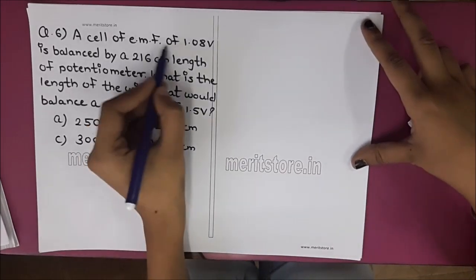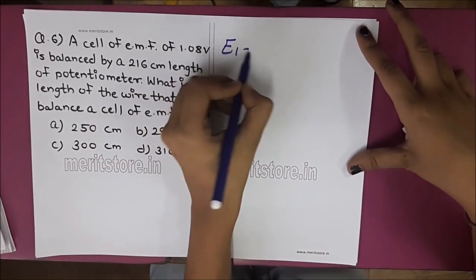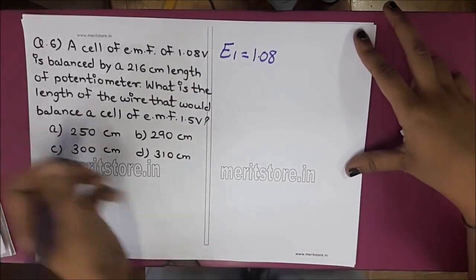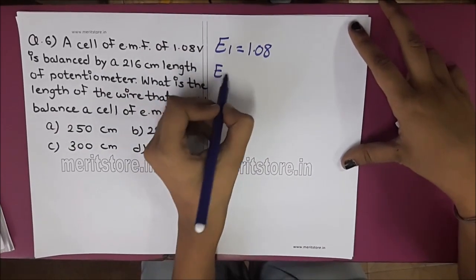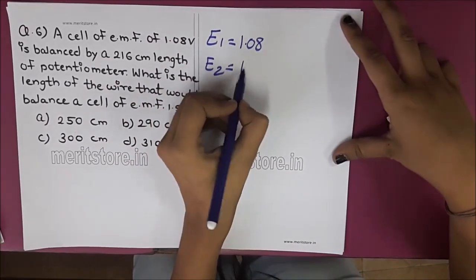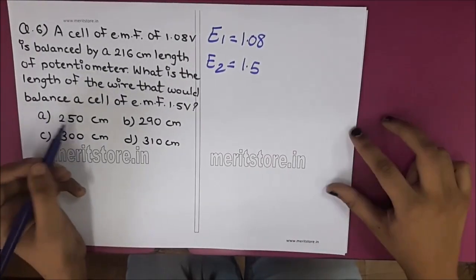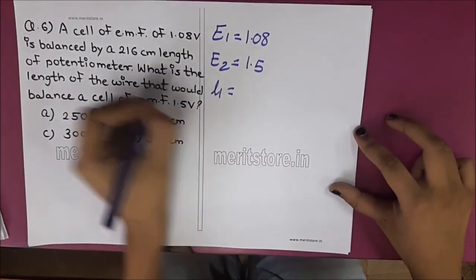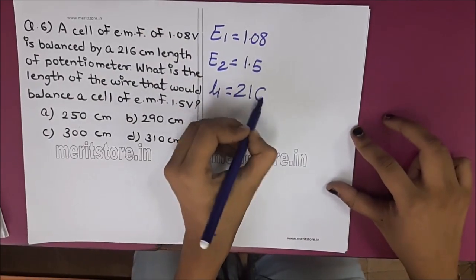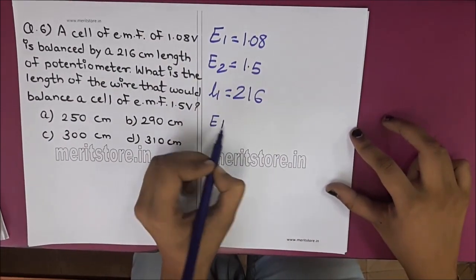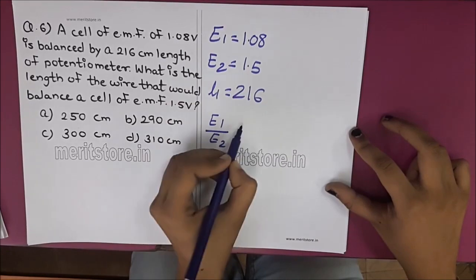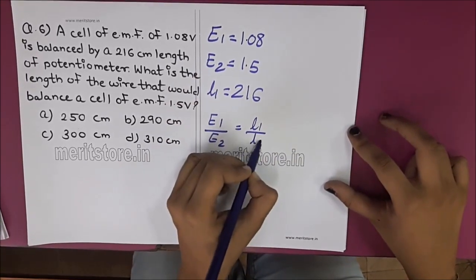So over here we have been given EMF, let's say E1 as 1.08, EMF E2 is given to us as 1.5, and we have been given only one length. Let's name it as L1 as 216. Now we can use this formula. E1 by E2 is equal to L1 by L2.